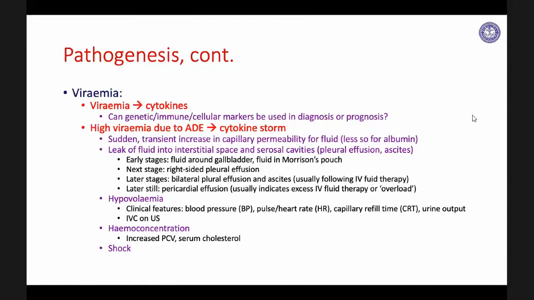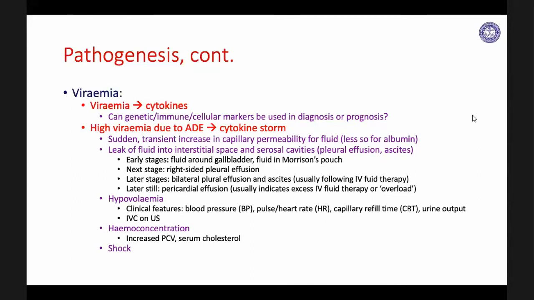Now, as a consequence of the leakage, the fluid leaks into interstitial spaces and serosal cavities, such as the pleural space causing pleural effusions and the peritoneum causing ascites. In the early stages, fluid collects around the gallbladder and in the Morrison's pouch in the pelvis. In the next stage, they get a right-sided pleural effusion.